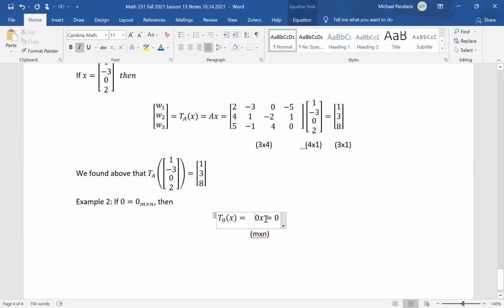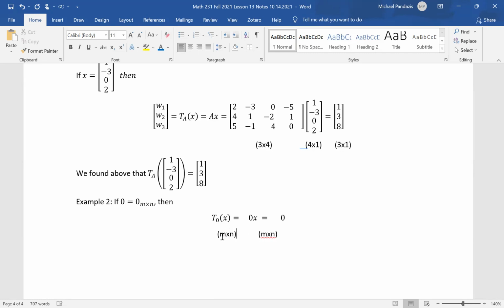The 0 in T naught is still the same m by n 0 matrix that was given to you in the if part. So that's an m by n matrix, and this is also an m by n matrix.